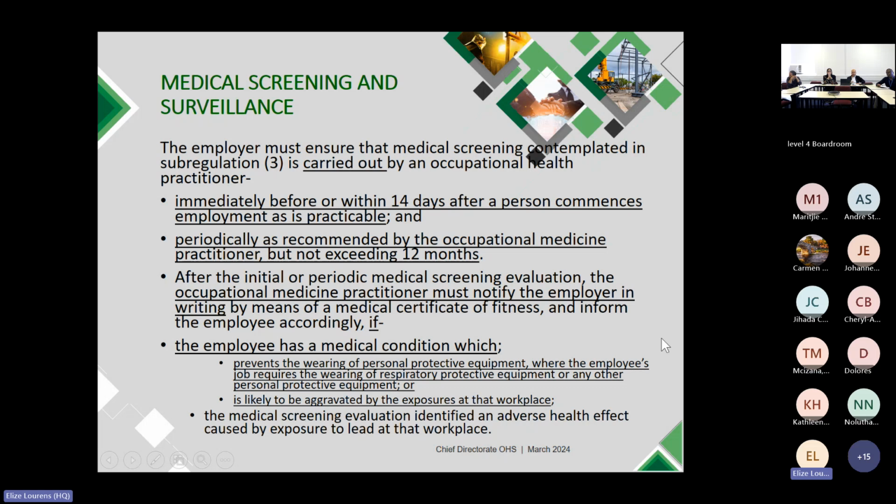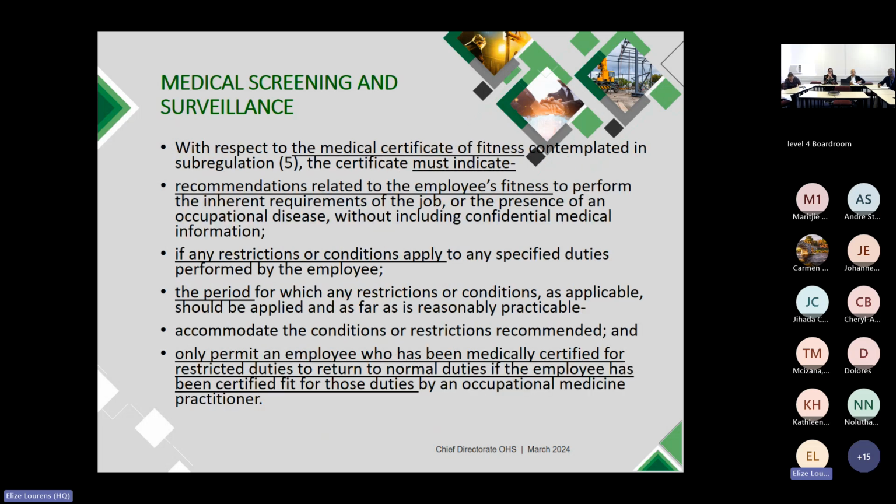So this is something that was expected in the past but wasn't really captured in the regulations, for the medical practitioner to consider what PPE is being provided to employees.